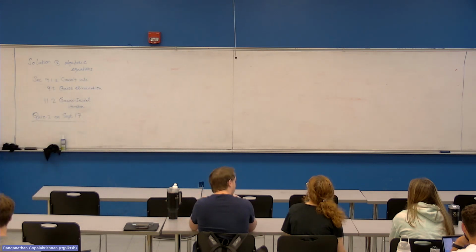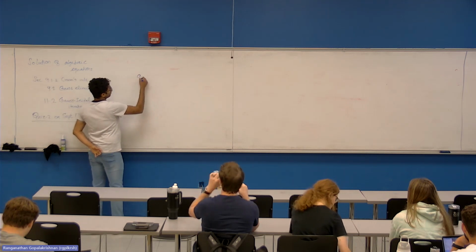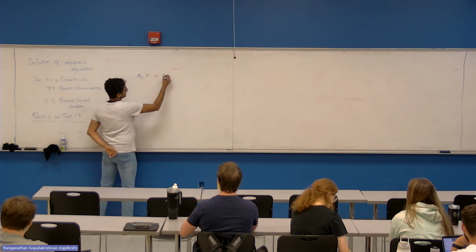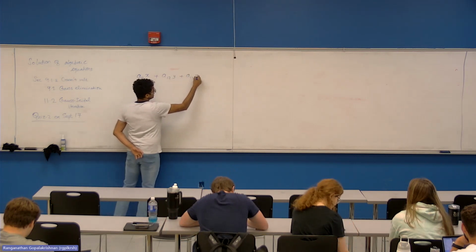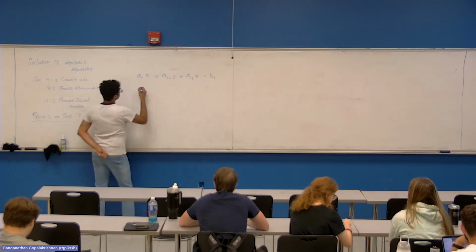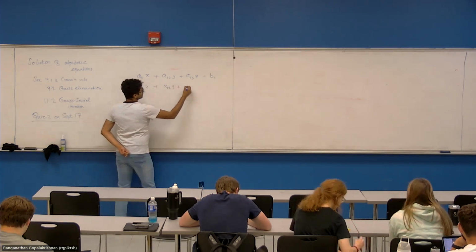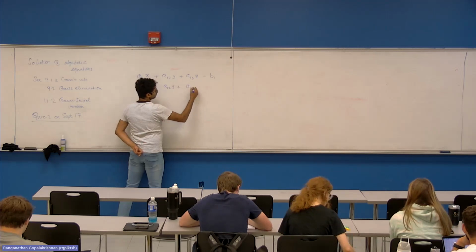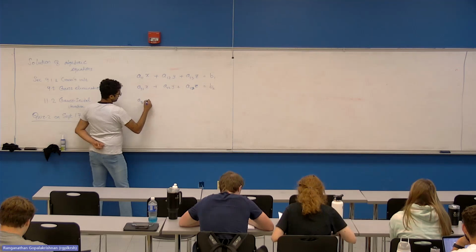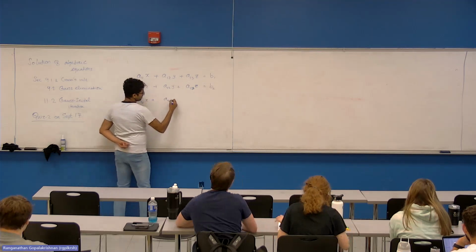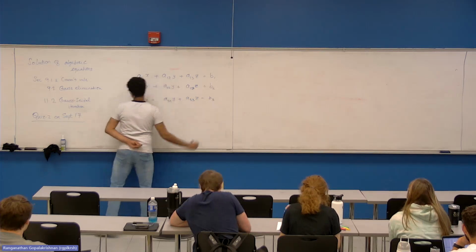So if you have a set of linear equations that look like A11 x plus A12 y plus A13 z equal to B1, A21 x plus A22 y plus A23 z equal to B2, A31 x plus A32 y plus A33 z equal to B3.